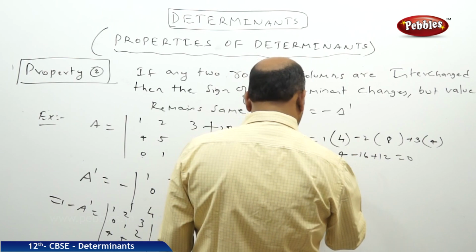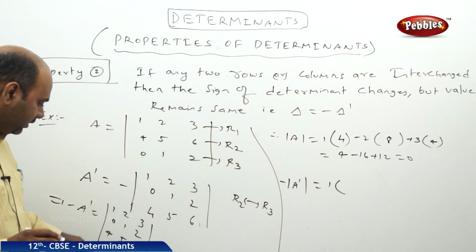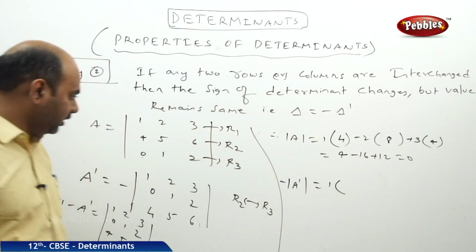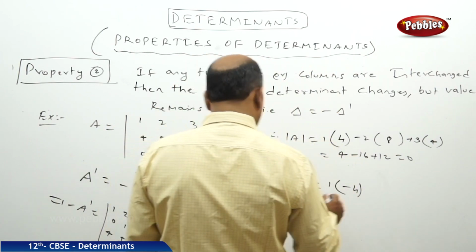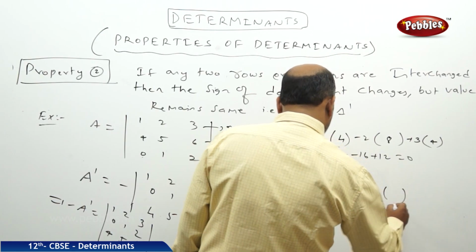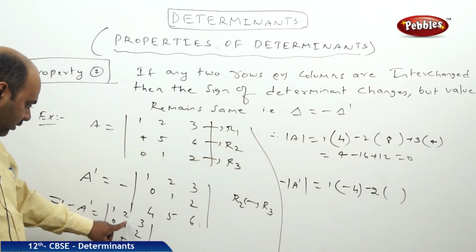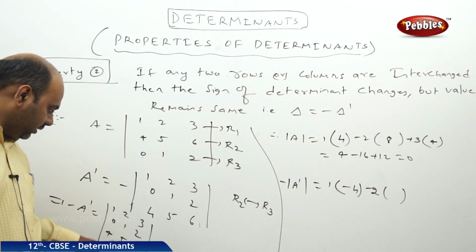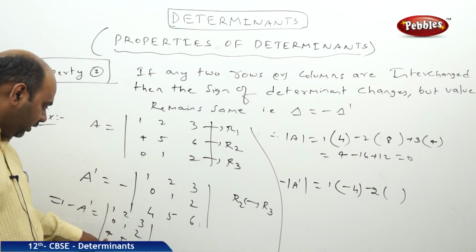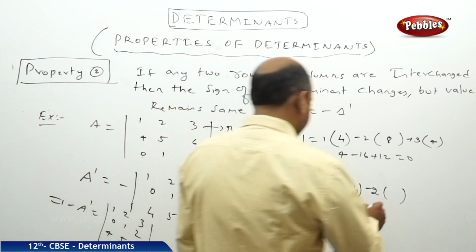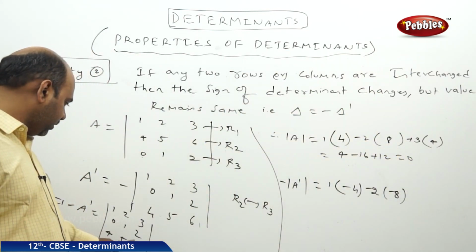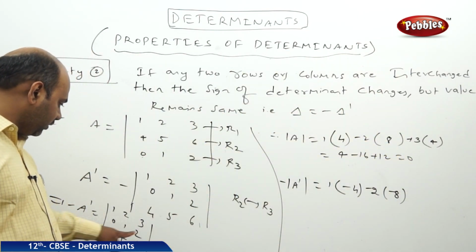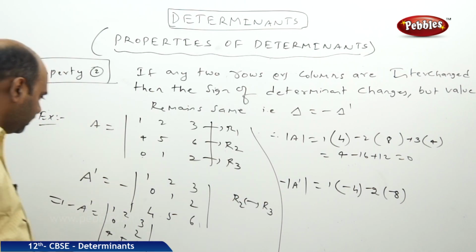What happens? 1 into its minor, that means 6 minus 10, which is minus 4. And here minus 2 into its minor: 0 into 6 minus 2 into 4, that means minus 8.